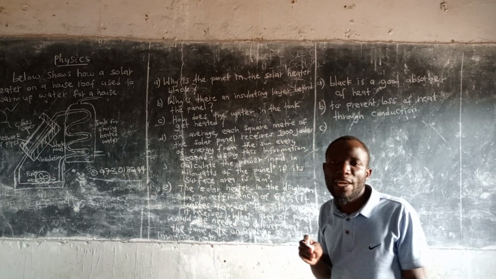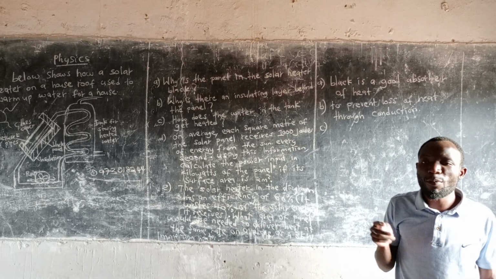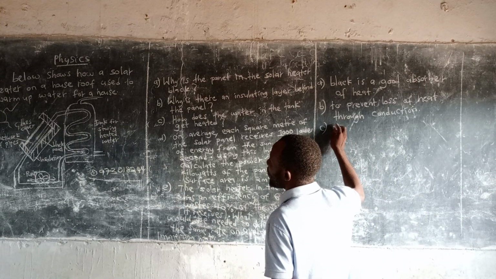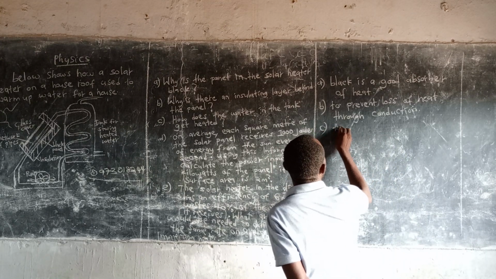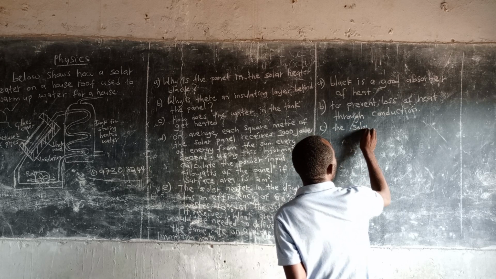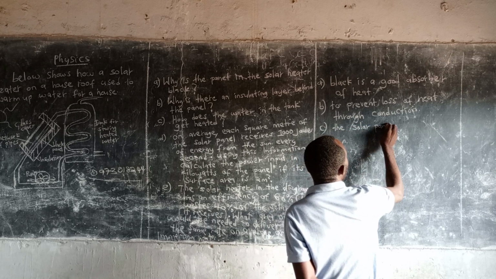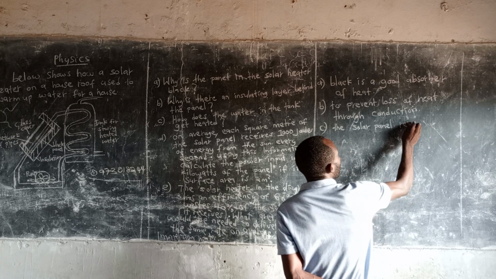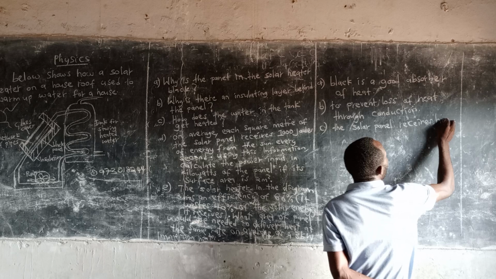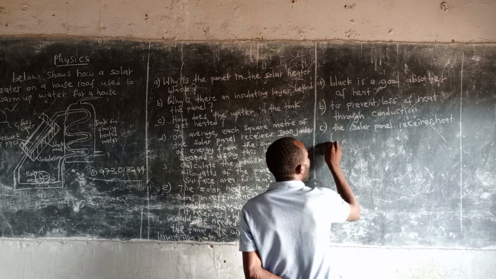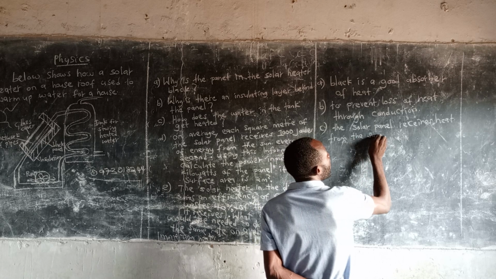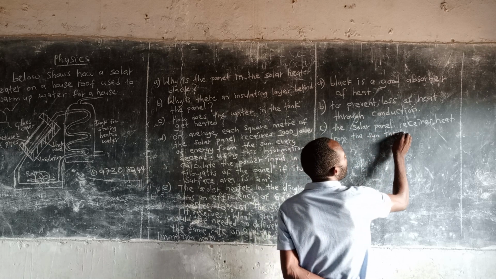Now how do you write the answer to this question? You write it step by step. The first thing you can say is the solar panel receives heat from the sun through radiation.